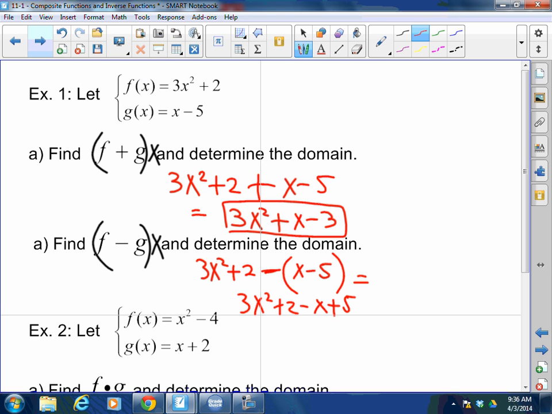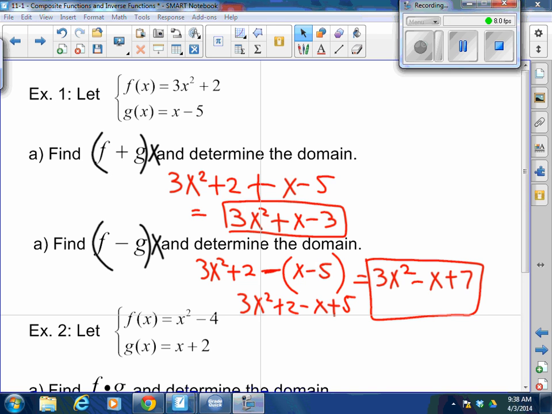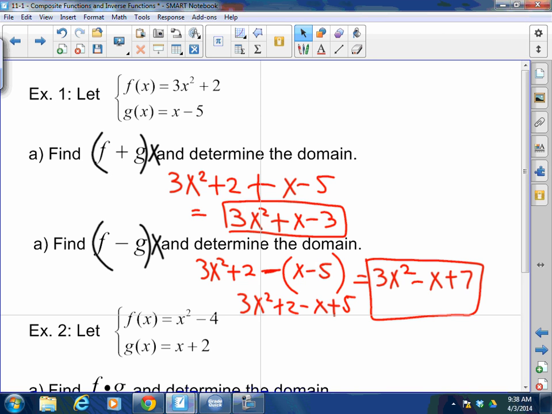So f minus g of x is going to equal 3x squared minus x plus 7. Not too hard, not too complicated, but very important nonetheless. Is this ringing a bell for everybody?